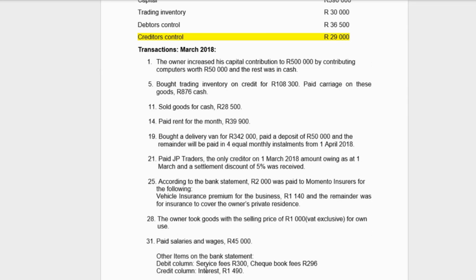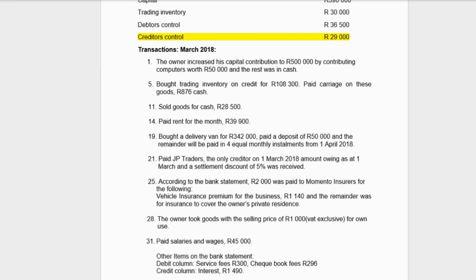So it just means that you bought this delivery van on credit, and you also paid a deposit of 50,000. So you have to record the purchase of this delivery van and also record the payment of the deposit. Okay, so how do we record this transaction?